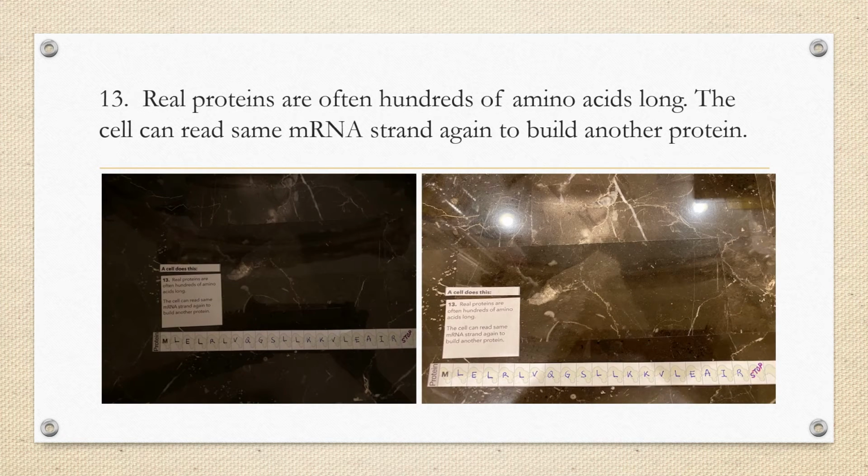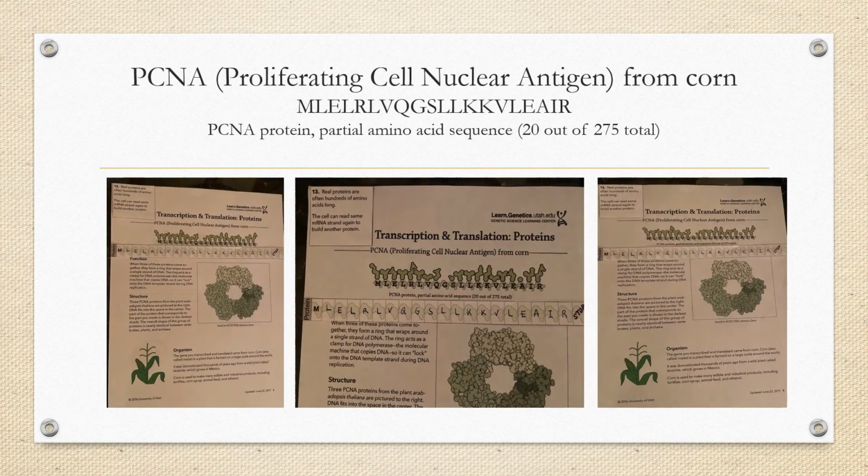Real proteins are often hundreds of amino acids long. The cell can read the same mRNA strand again to build another protein. So we just transcribed and translated a very small piece of a real gene. The gene that we just transcribed and translated came from corn.